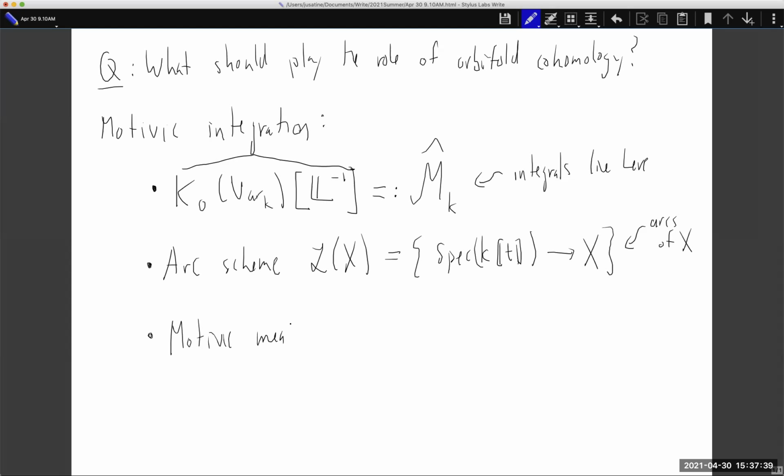So the next thing is that there's a motivic measure on this arc scheme. I'm going to use the notation mu sub X. And what is this doing?